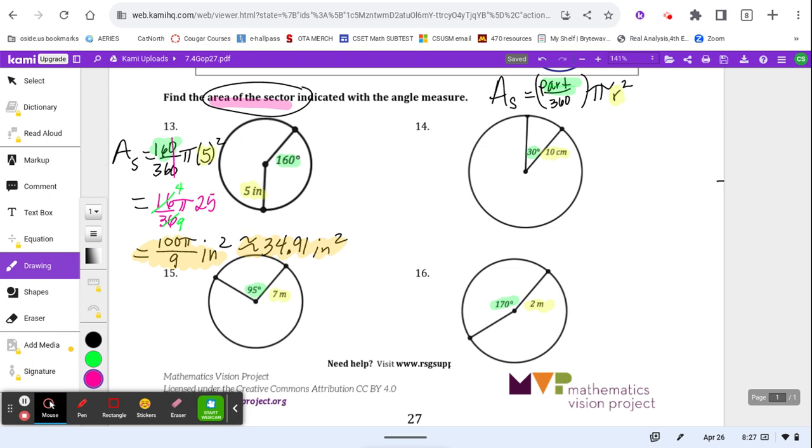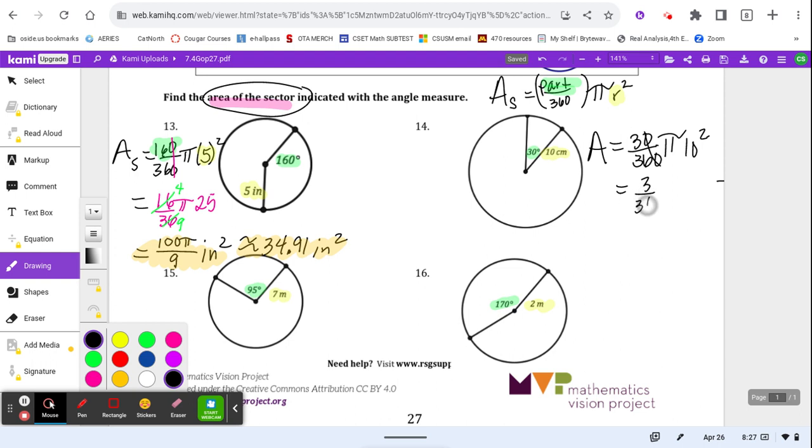Okay, pause the video and try number 14 now on your own, and let's see if you can get it. All right, did you get 30 over 360 times pi 10 squared? I already see that I can reduce that. 10 squared is 100.